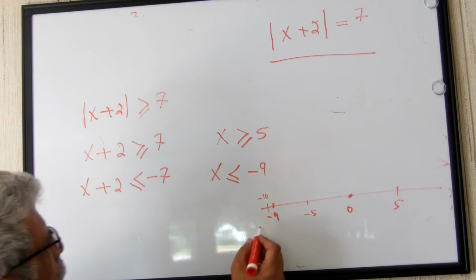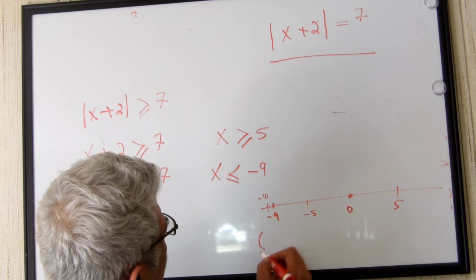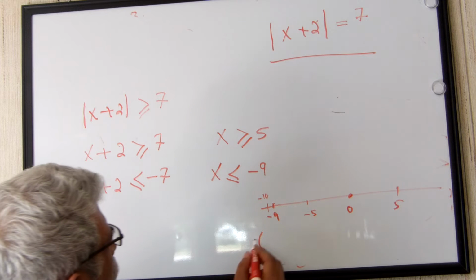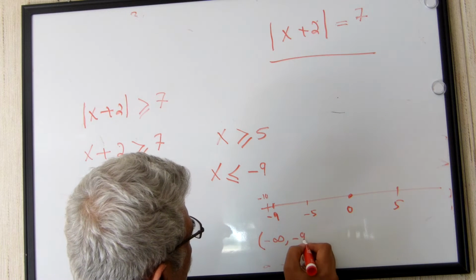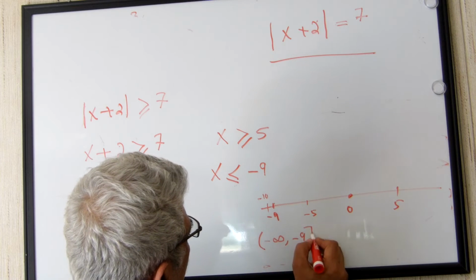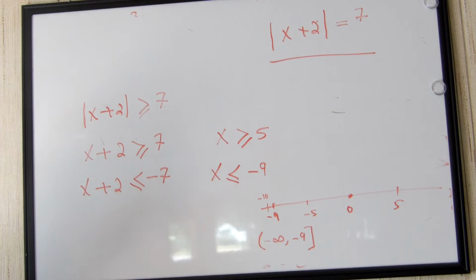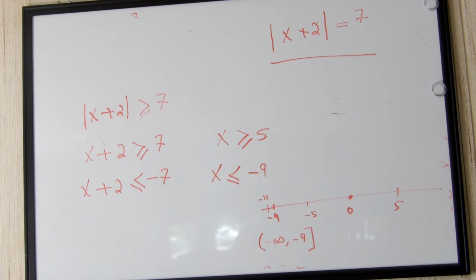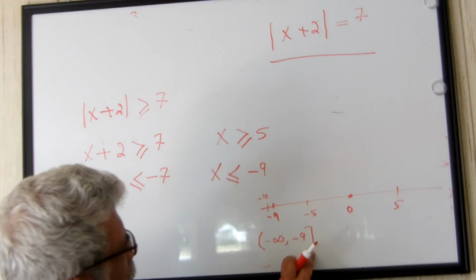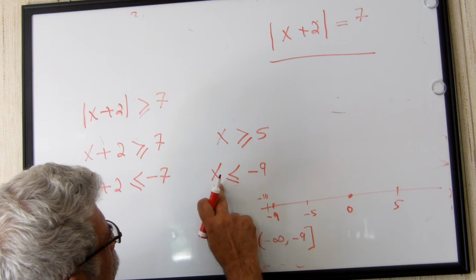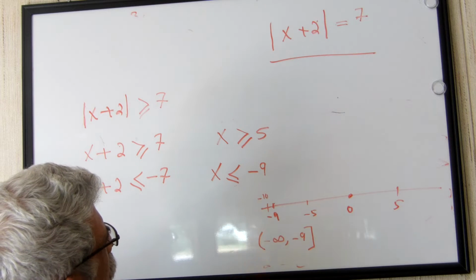So in interval notation we write from minus infinity to minus 9, including minus 9. The bracket shows that minus 9 is included. x can be minus 9 too.